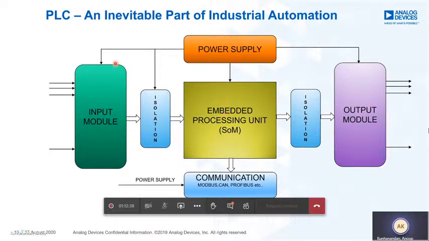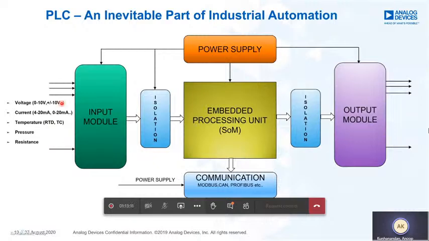When we talk of inputs, the PLC needs to accept industrial inputs like voltages ranging from 0 to 10 volt or plus or minus 10 volt, and currents in the range of 4 to 20 milliamp or 0 to 20 milliamp. Additionally, they also have to deal with temperature sensors like RTD and TC, then pressure sensors and resistance. These are the typical industrial sensors, which get connected to the input module side of a PLC to control a particular process.